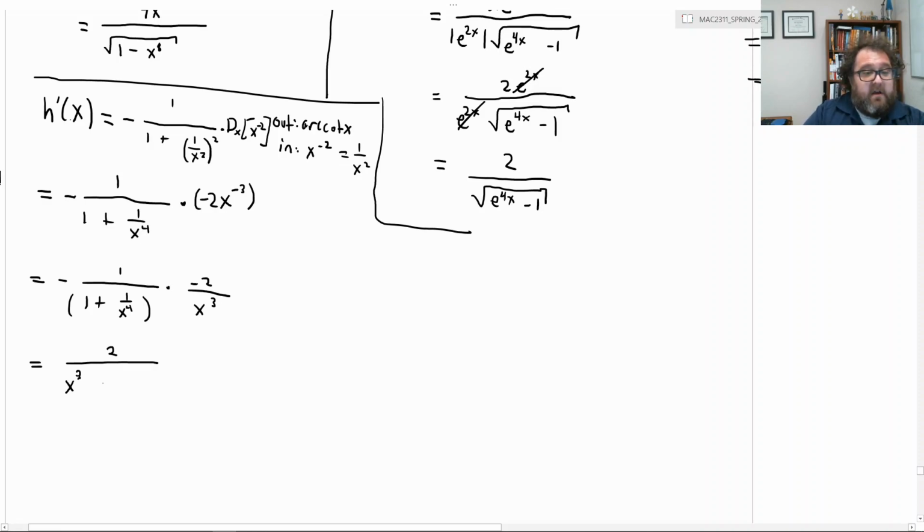But then I have plus 1 over x to the 4th times x cubed when I distribute. That's going to leave me with 1 over x. So let's put a 1 over x there.